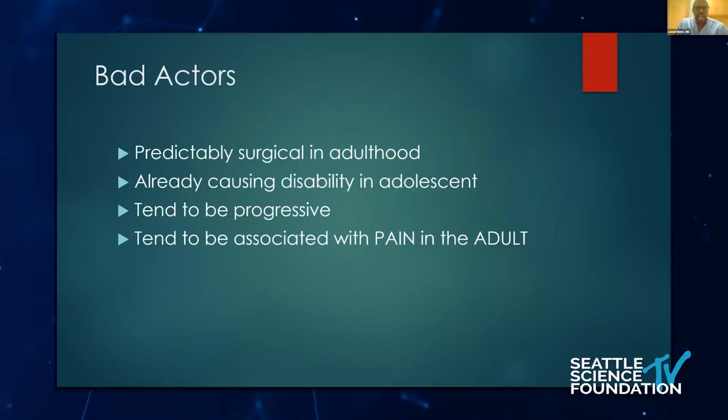Moving on to some of our bad actors. So the bad actors are the deformities that are particularly or predictably surgical in adulthood, those that are already causing disability in the adolescent. So what comes to mind there is isthmic or dysplastic spondylolisthesis, those that tend to be progressive, and that's where our congenital deformities and some of our idiopathic deformities come in, and then those that tend to be associated with pain in the adult, and that's sort of your Scheuermann's kyphosis that's been progressive in the adolescent.